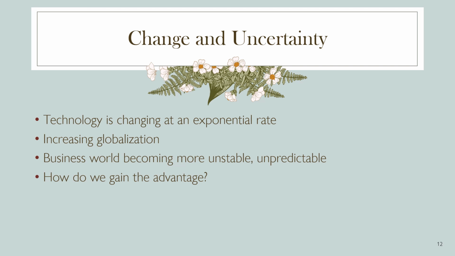And this is all because technology is changing at an exponential rate, and there's increasing globalization. People are becoming more connected, and systems are getting more complex. And that makes the business world more unstable, more unpredictable. So the article is saying, how do we gain the advantage then, if everything is so unpredictable?